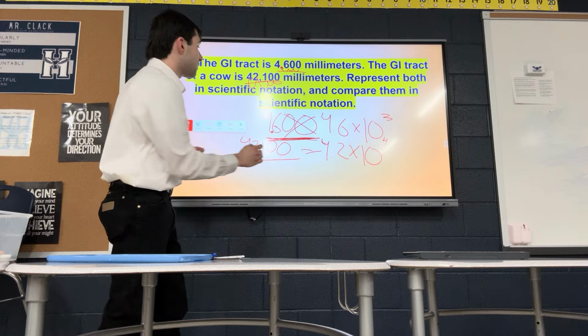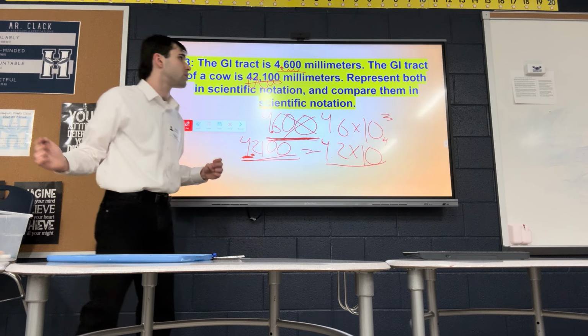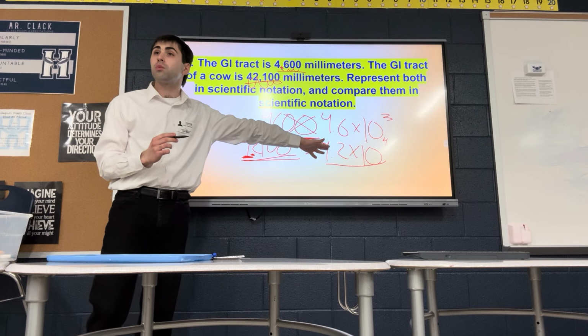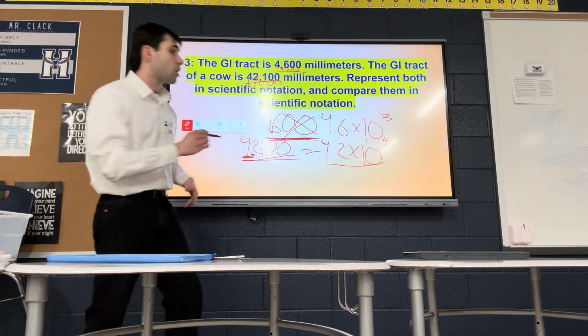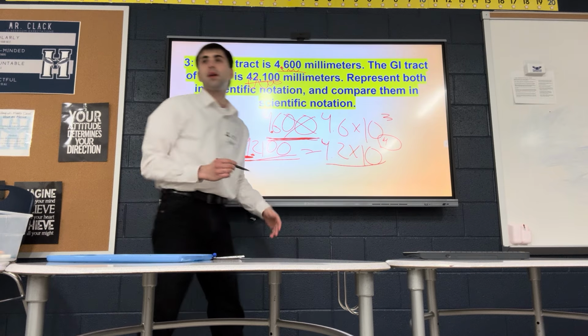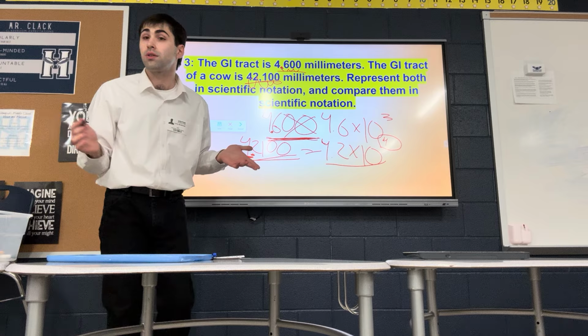So it will be 4.2 times 10 to the 4th. That's 42,100. Which one is bigger? The bottom one, exactly, because the exponent is bigger.